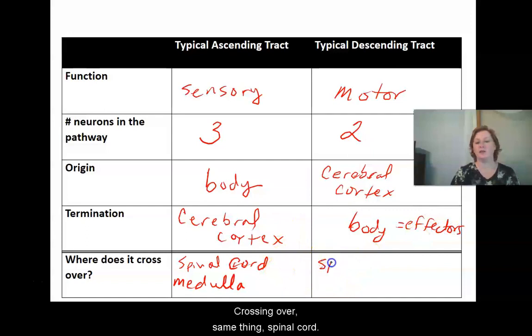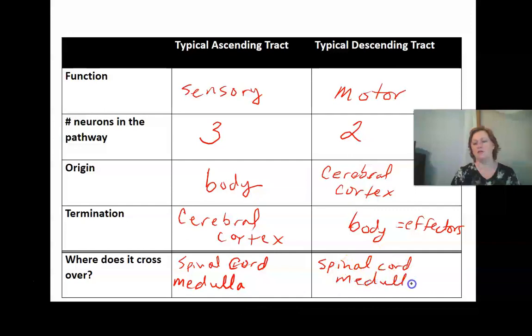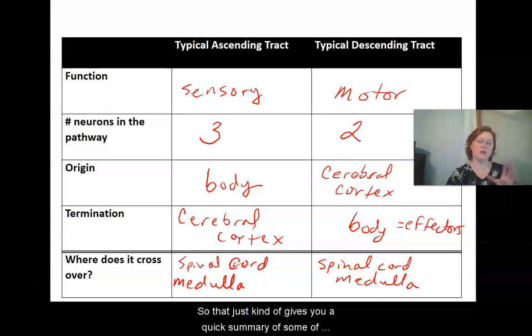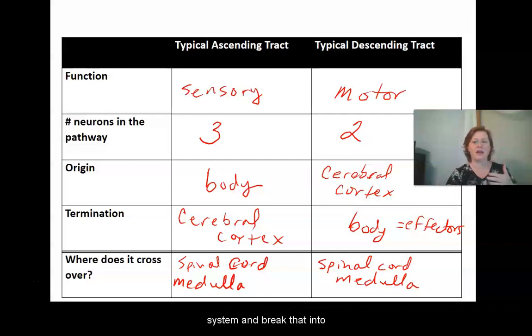Crossing over, same thing, spinal cord or medulla. So that just kind of gives you a quick summary of some of the key features between an ascending and a descending tract. Let's take a descending tract in my autonomic nervous system and break that into sympathetic and parasympathetic.